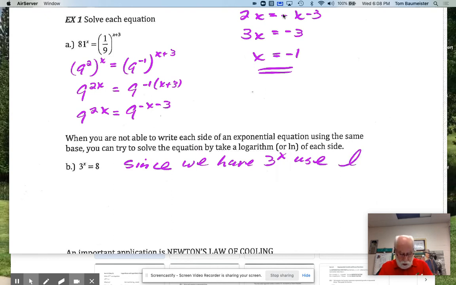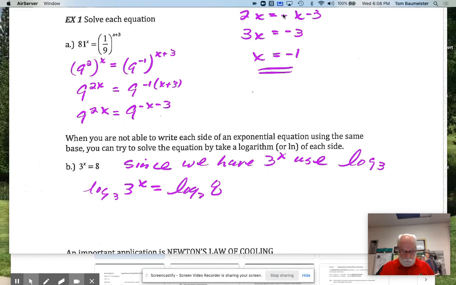So we're going to use log of 3. Whatever I do on one side of the equal sign, I have to do on the other side. We've done that so many times. So I put a log base 3 in front of the 3 to the x, and I'm going to put a log to the base 3 in front of the 8.